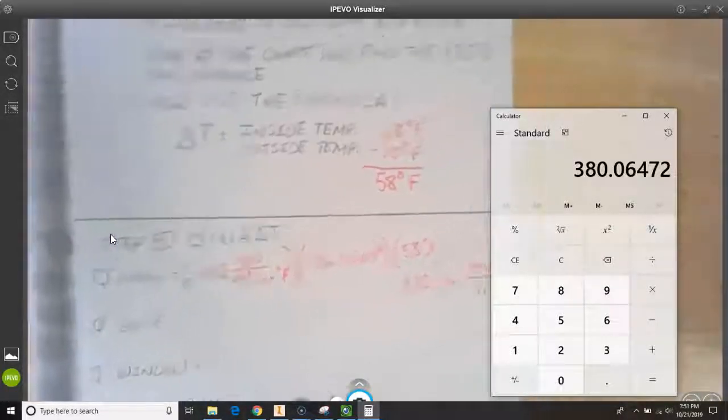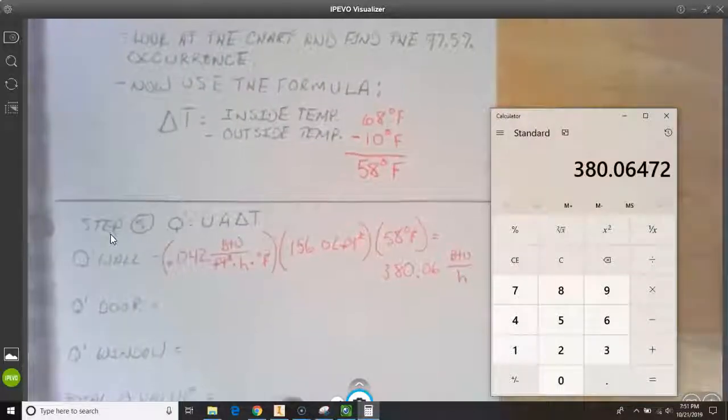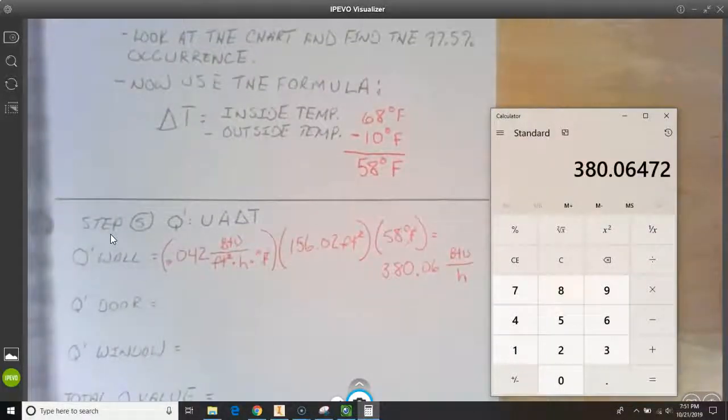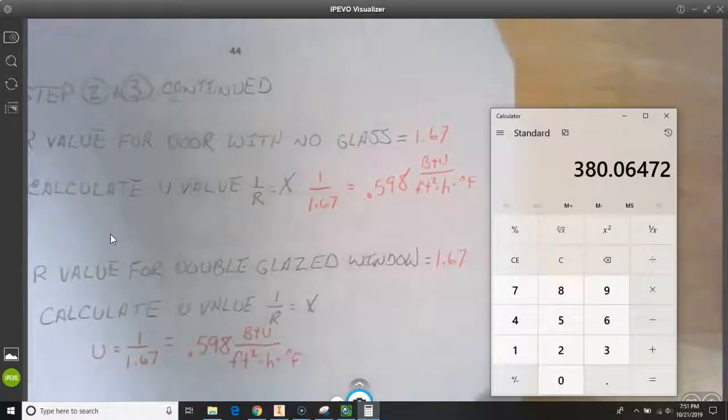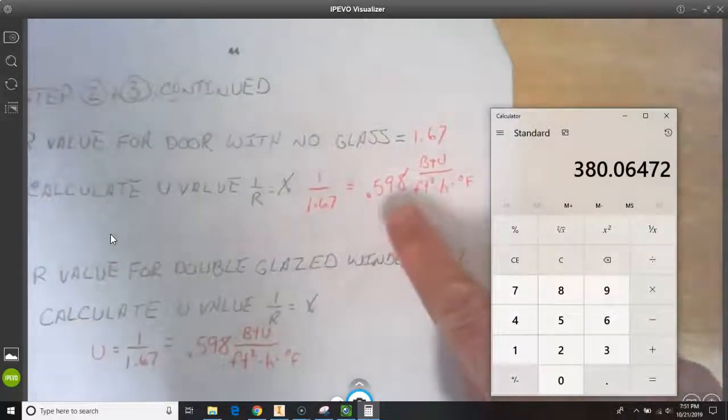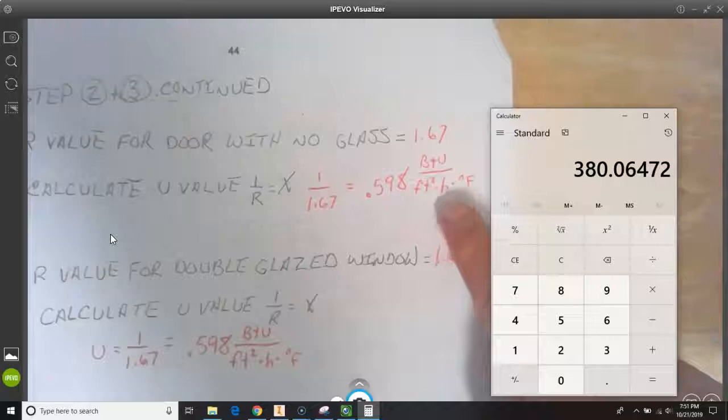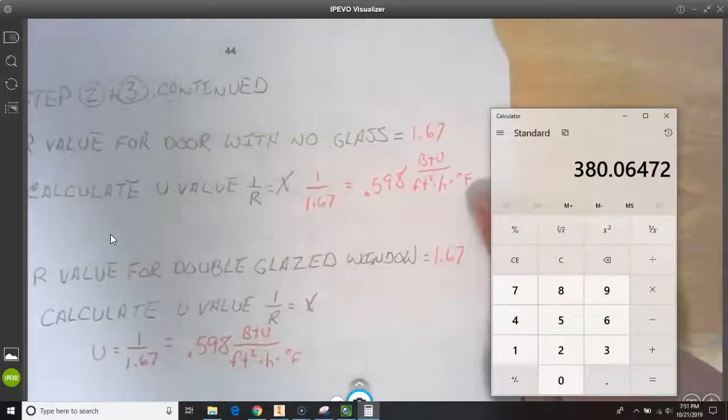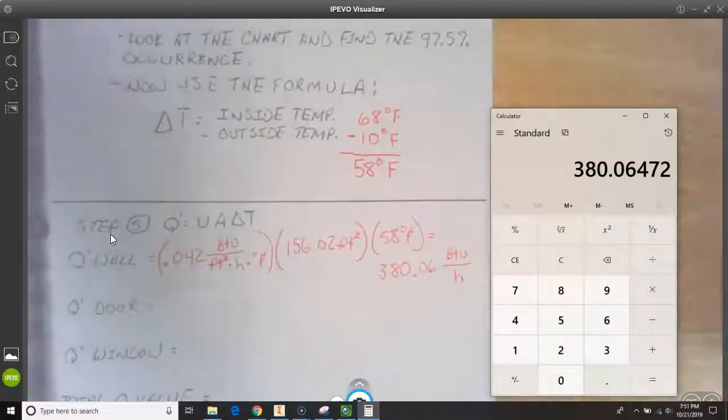Let's see, I'll move this over so we can see it a little bit better. Now, next one is the Q factor for our door. And the Q factor for our door was calculated right here. It's 0.598 BTUs per foot squared times hours times degrees Fahrenheit. So we're going to put that down.